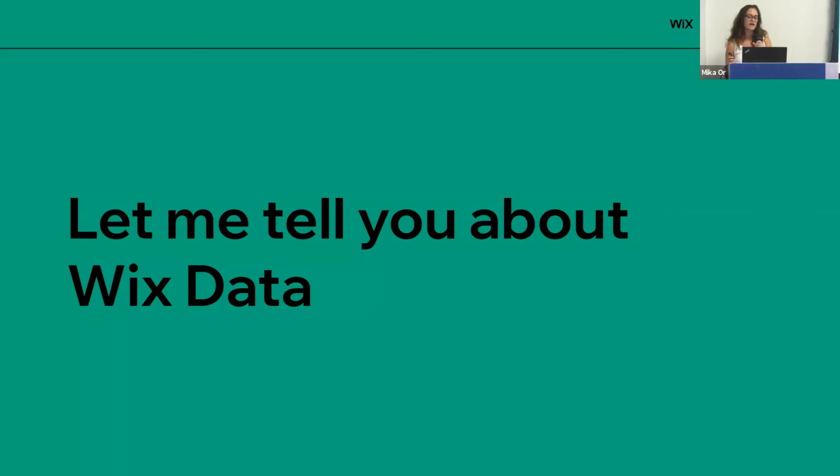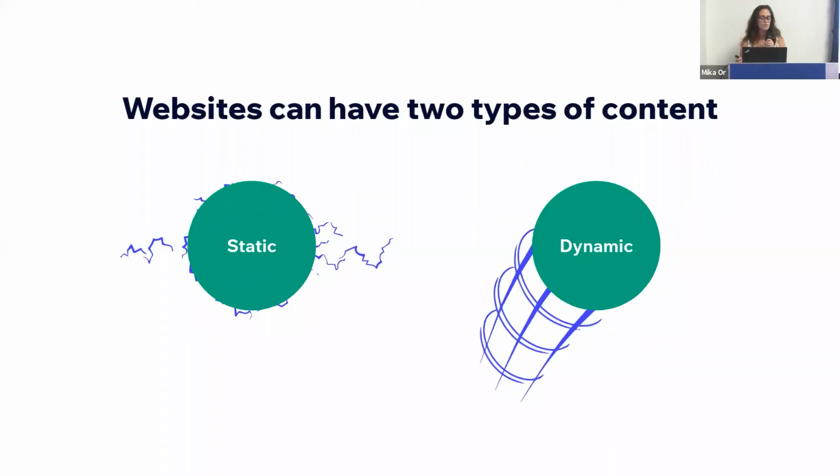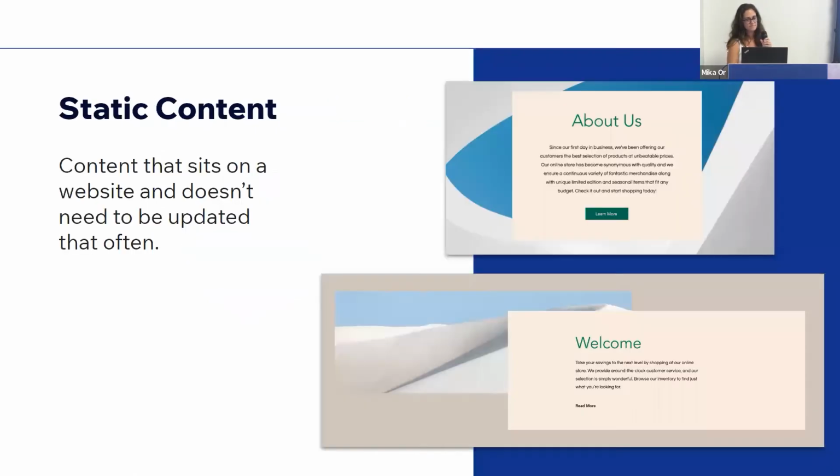So before starting, I just want to give you a bit of background on Wix Data since I'll be mentioning it throughout my presentation. At Wix, websites can have two types of content. They can have static content or dynamic content. Static content is content that sits on a website, and it's great for text that doesn't need to be updated that often, such as a welcome section or an about section.